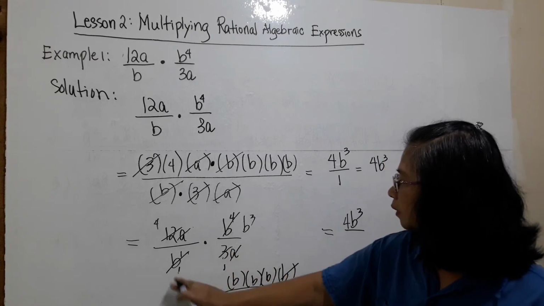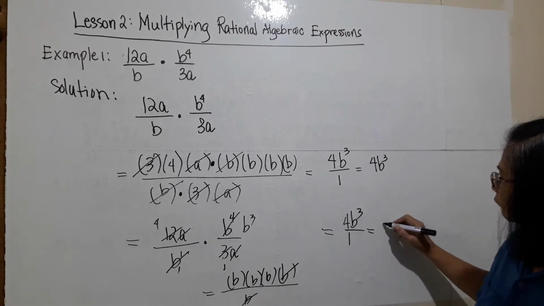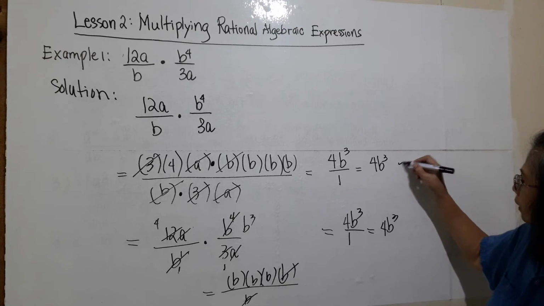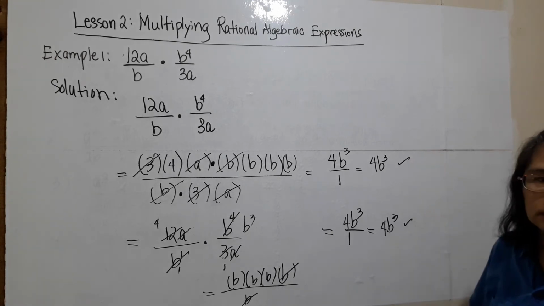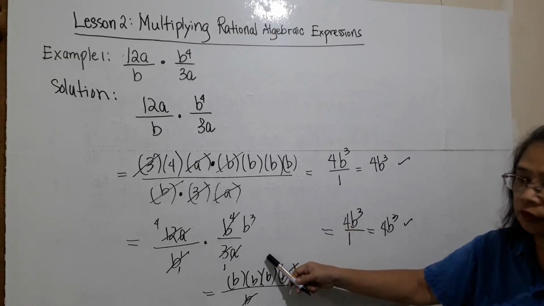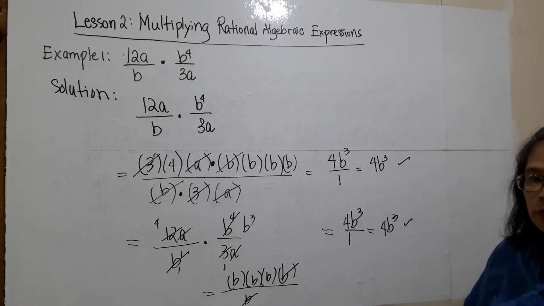When we cancel, you can put 1 there. So 1 times 1 is 1. So the final answer is 4b cubed. Did we get the same? Yes. This is the long method and this is the short method. You can copy first in your notebook if you wish to.